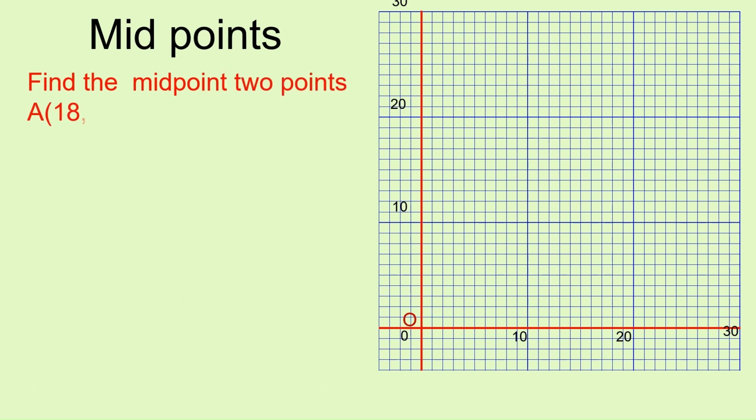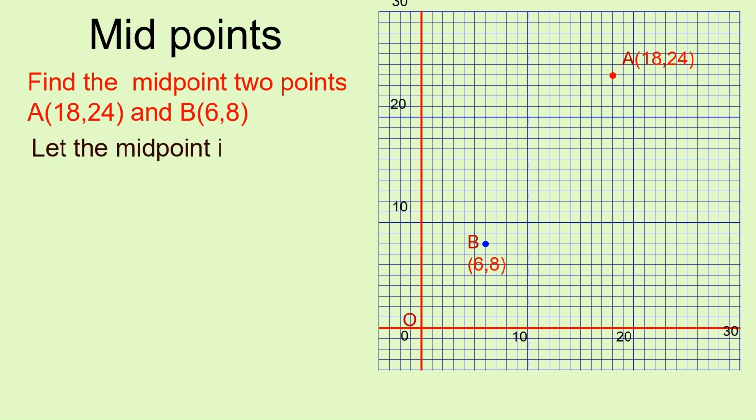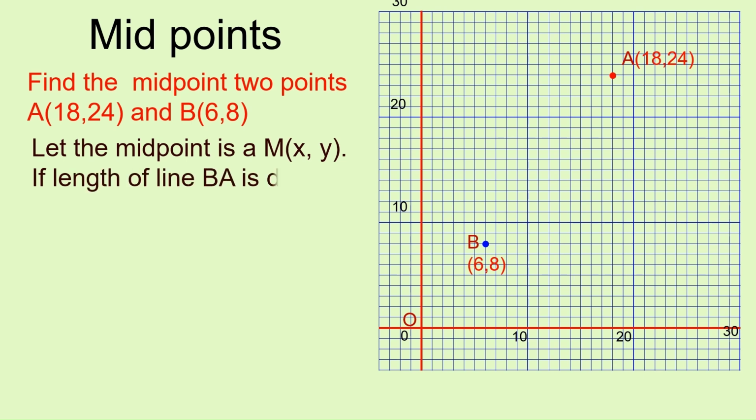Find the midpoint between 2 points A, 18, 24, and B, 6, 8. Let the midpoint be M, x, y. If length of line BA is d, then the length of line BM is 1/2 d.